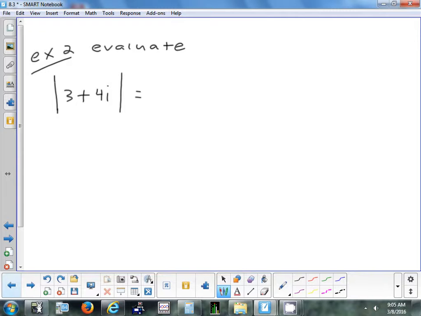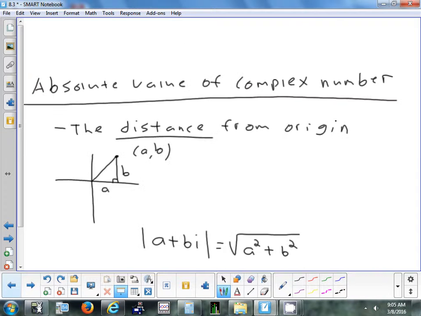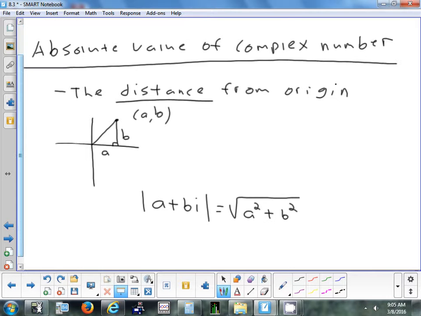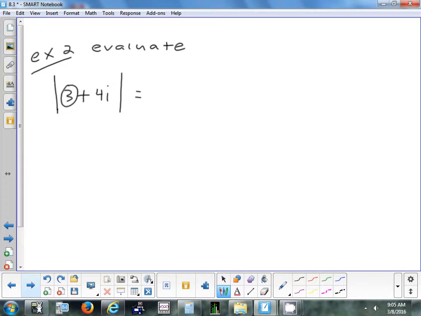All right, so 3 plus 4i. If you want, you can make a sketch and draw the triangle, or just use the formula. Square the real part, square the imaginary part, add them up, and take the square root. When you square things, this is a, this is b. The i is not part of anything that you square. You're only plugging in numbers.